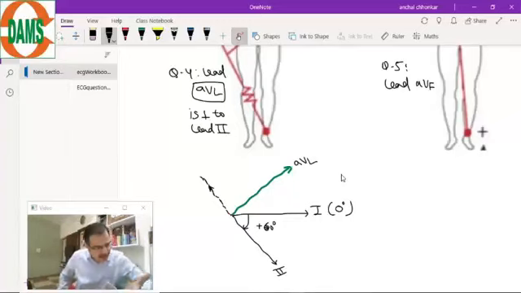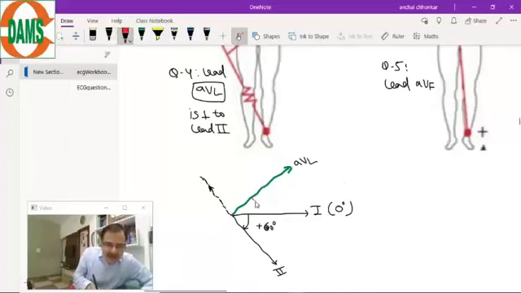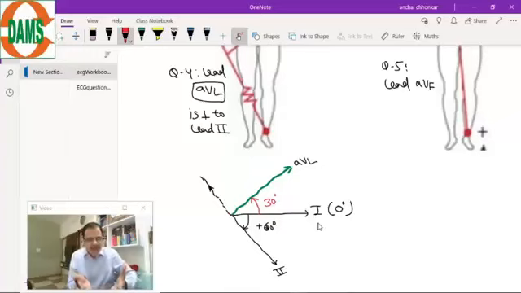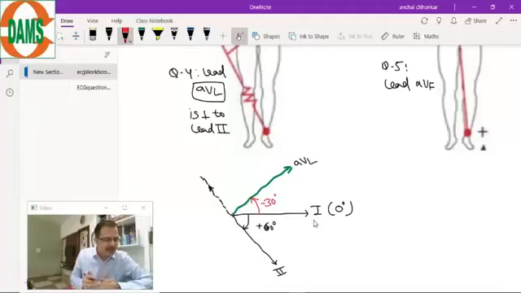It will be 30, the remaining is 30 degrees, but it is going above the line. Anything above the line physiologically we take as minus. So the angle of AVL in relation to lead 1 is minus 30 degrees. I write minus 30 because it is going above the 0 degree line.